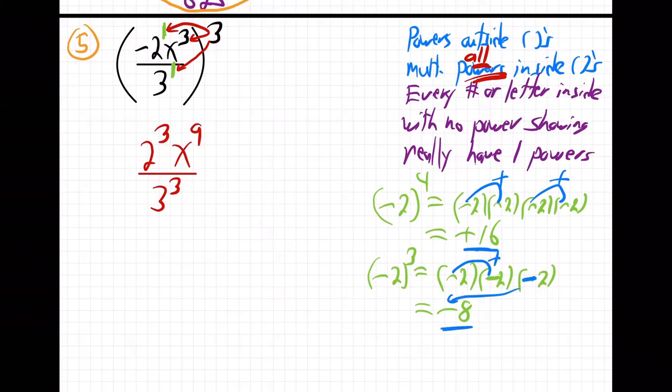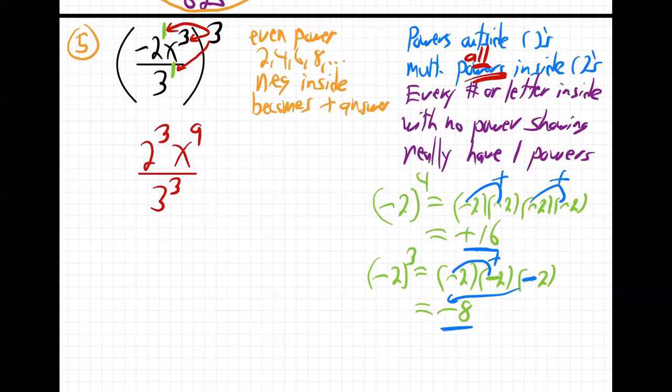So basically, the moral of the story, I think you see probably, is if we have an even power, like 2, 4, 6, 8, etc., then the negative inside becomes a positive answer, doesn't it?